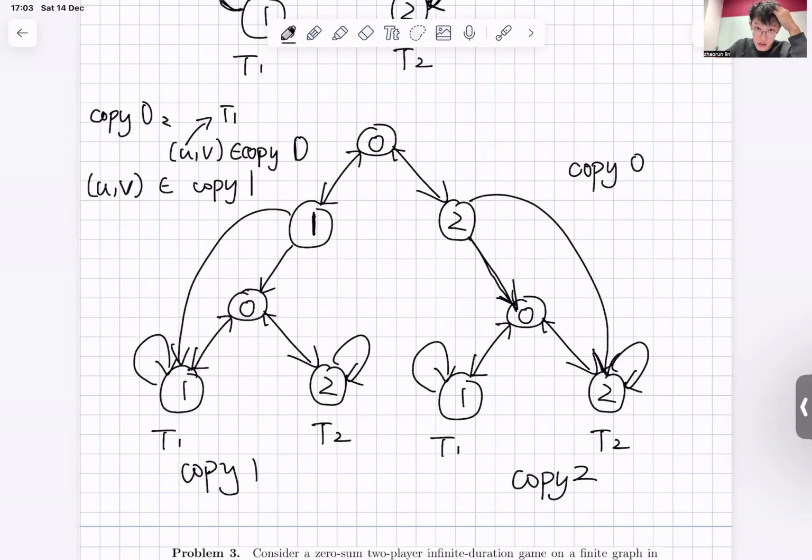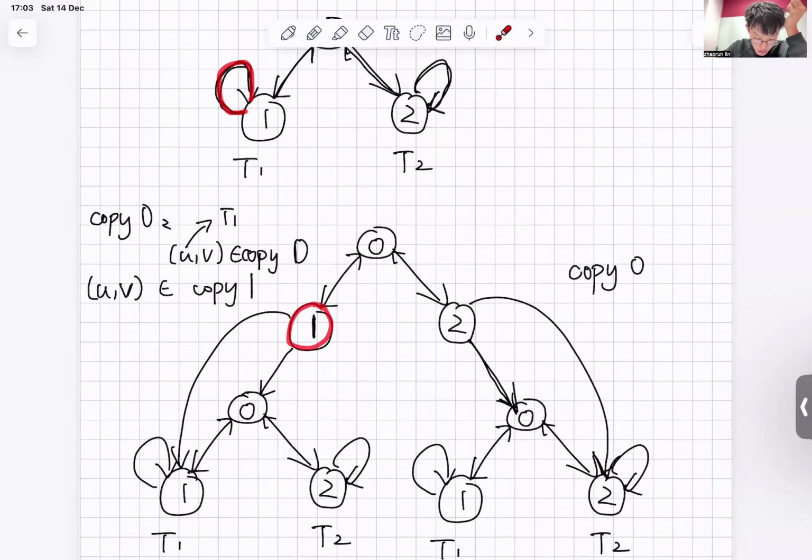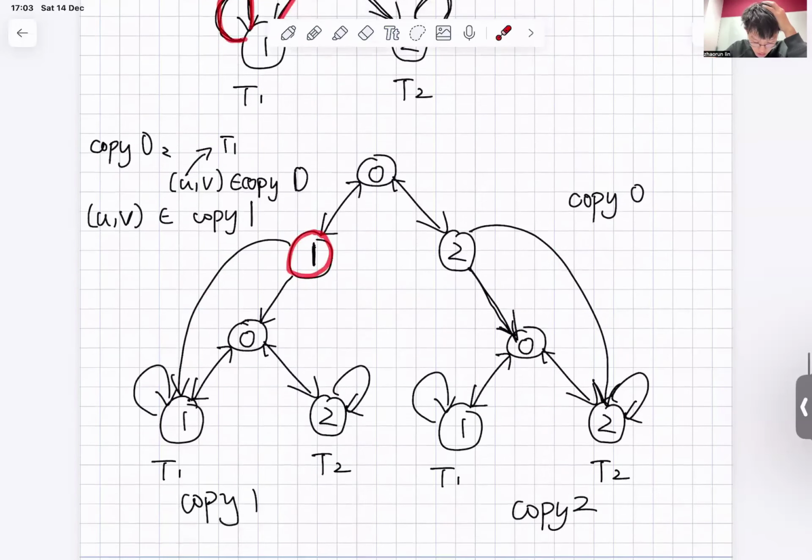Otherwise, we keep it in the original copy. So here, originally we have an edge to itself and an edge to vertex 0. So we add these edges, and similarly for this one.